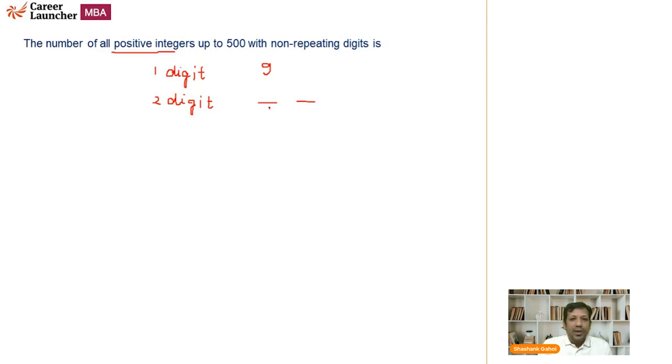So how many numbers do we have? 9. At the second place, we have 0 to 9, 10 possibilities, but 1 digit is already used. So how many digits can we place at the second place? That is 9. So how many numbers are we talking about? That is 81. Now, if I talk about 3-digit numbers, how many 3-digit numbers do we have with non-repeating digits?